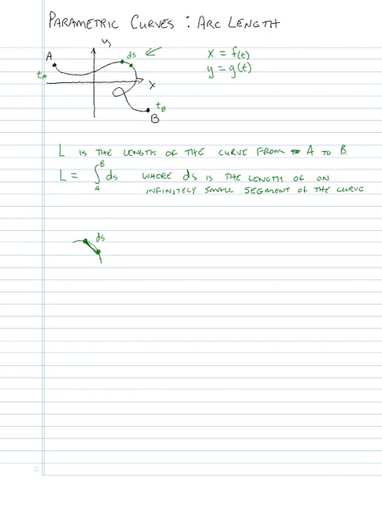If I drop a vertical and create a horizontal, we have a right triangle where ds is the hypotenuse. And remember, ds is infinitely small in length. This vertical distance, that is the leg that is vertical on this right triangle, is measured in the y direction.